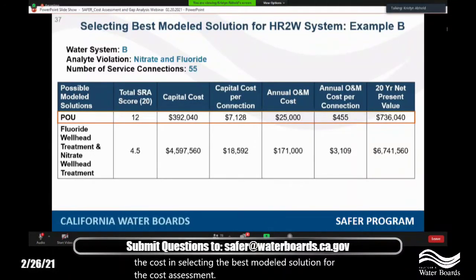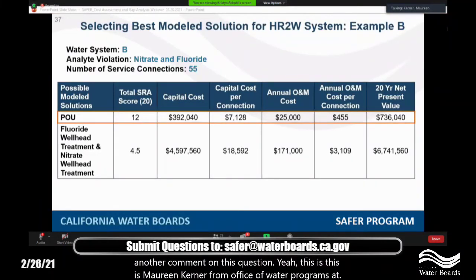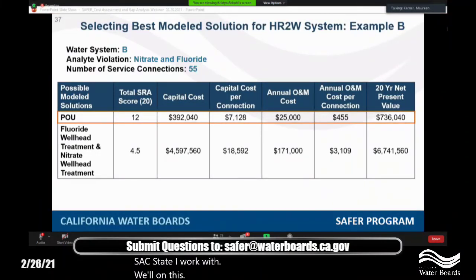Just because affordability is such an important piece of the SAFER program, and really an important driver in decision making at the community level as well. Was there someone else who wanted to make another comment on this question? Yeah, this is Maureen Kerner from Office of Water Programs at Sac State. I work with Khalil on this project, the sustainability and resiliency assessment. Another point is when we were initially running numbers, the example we have here for water system B is a little bit of an anomaly.